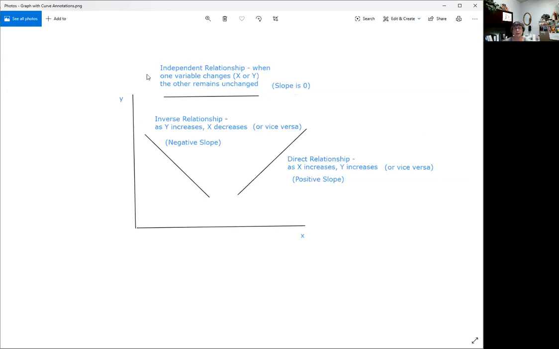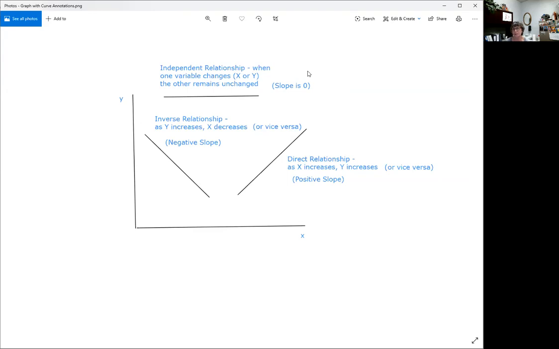When you see a line that's straight across, that means that the slope is zero. It will always be zero. It will never be anything other than zero. That is an independent relationship. So when one variable changes, X or Y, the other remains unchanged. It really means that whatever you're comparing, they're unrelated.